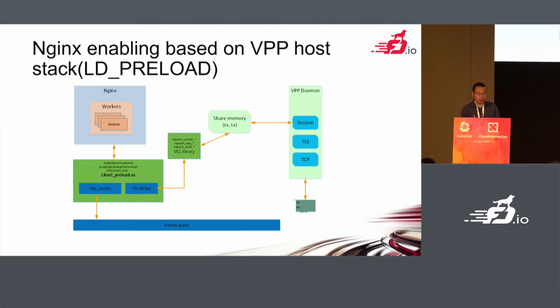And the VCL library also needs to talk with the VPP daemon and get the shared memory for the interface, so that it can construct a FIFO connected to the VPP daemon. And the VPP daemon serves like a layer for all the transportations, for both TLS and TCP connections.